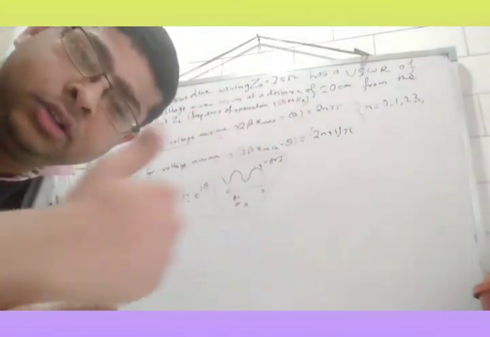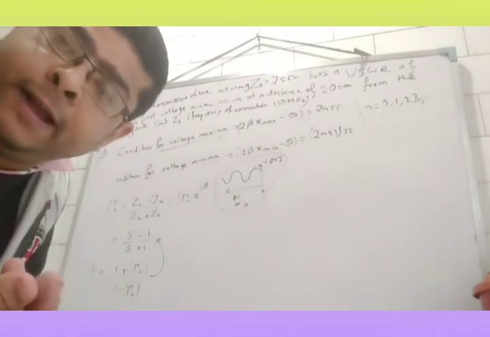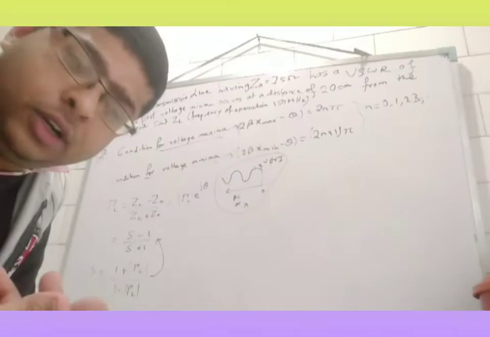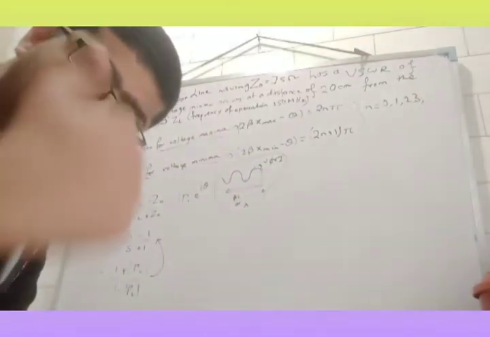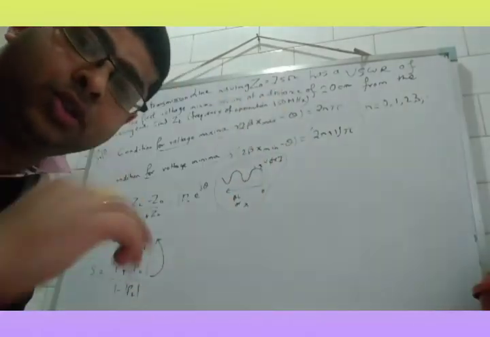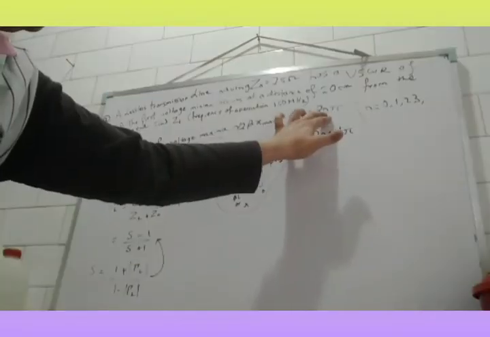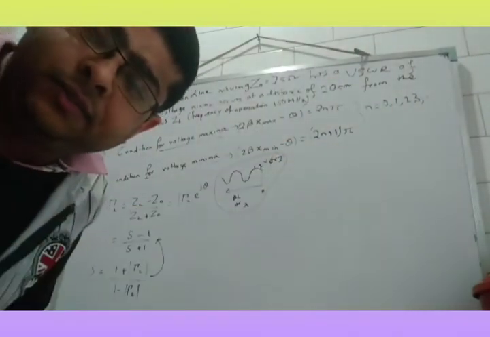From load back to generator, we see the reflected wave. So one is the forward direction, one is the backward direction, source to destination and destination to source. And in 2n pi, n takes values 0, 1, 2, 3, like that, integers.